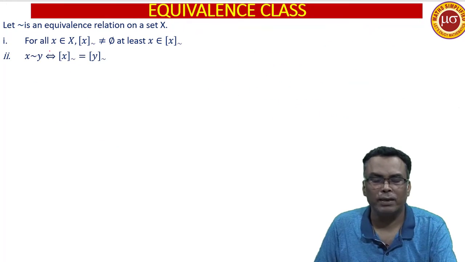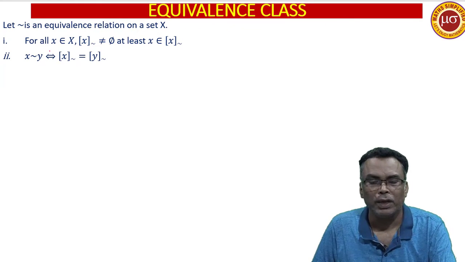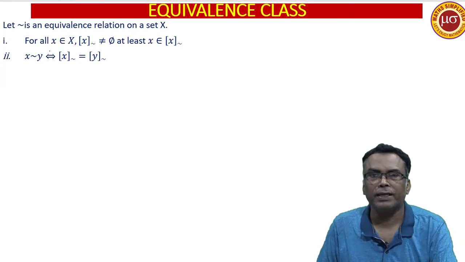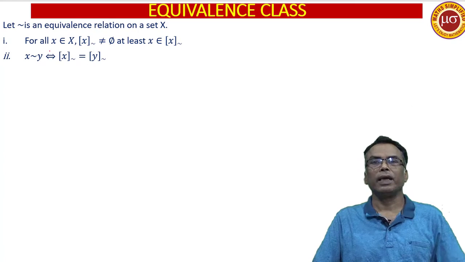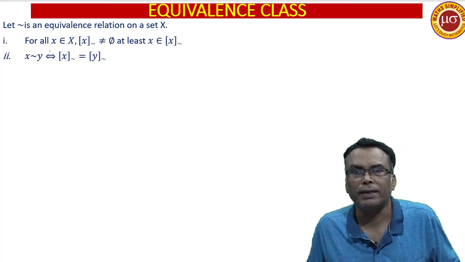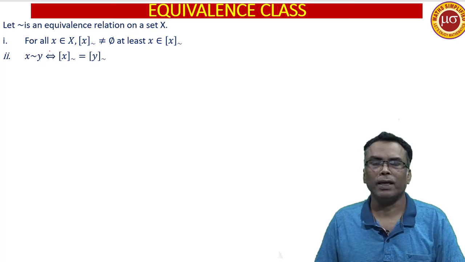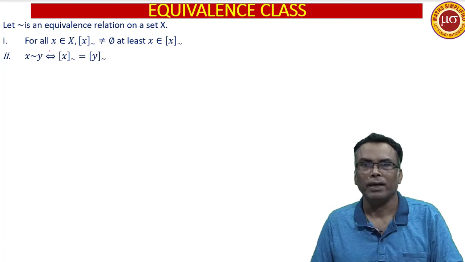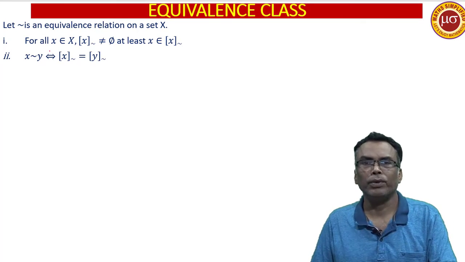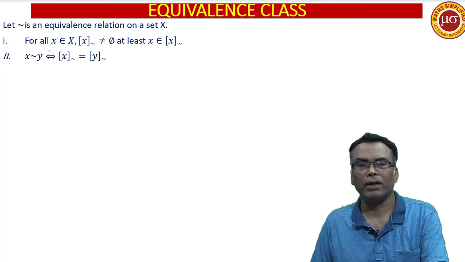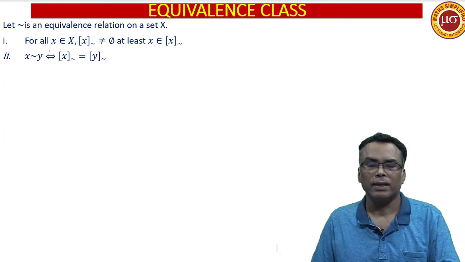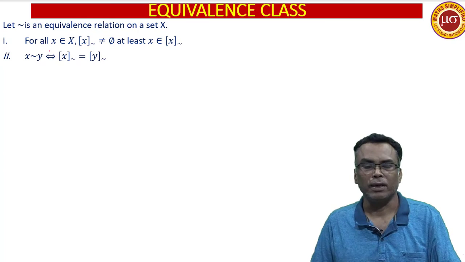And now we shall discuss that if two elements of X are related to each other, they have the same equivalence class. Or if two elements have the same equivalence class, they must be related to each other. That is what we are going to discuss here.